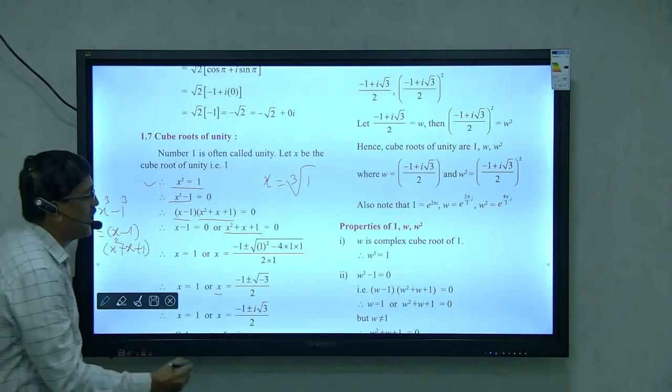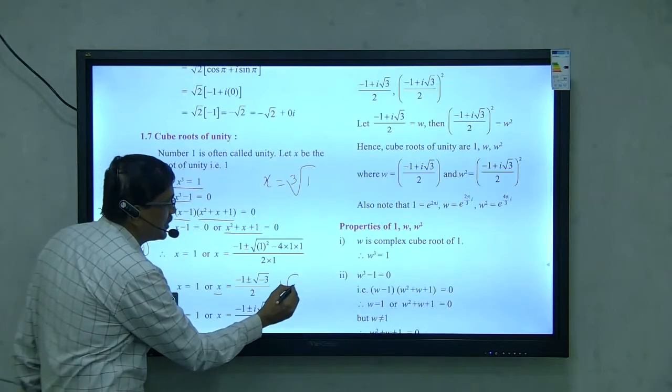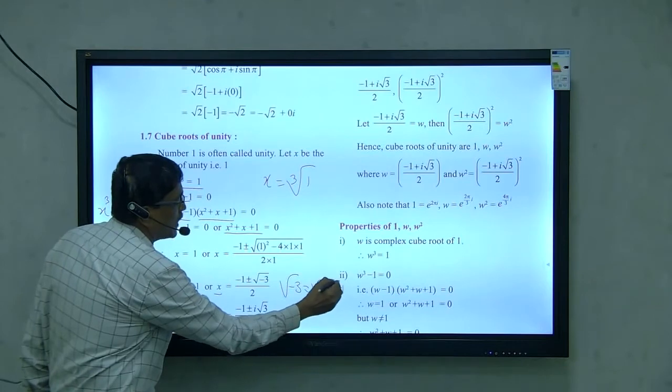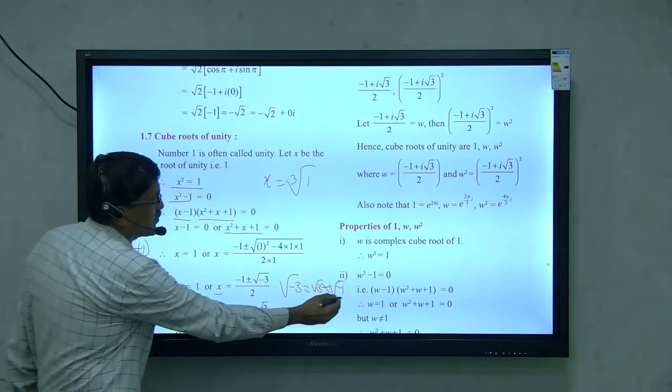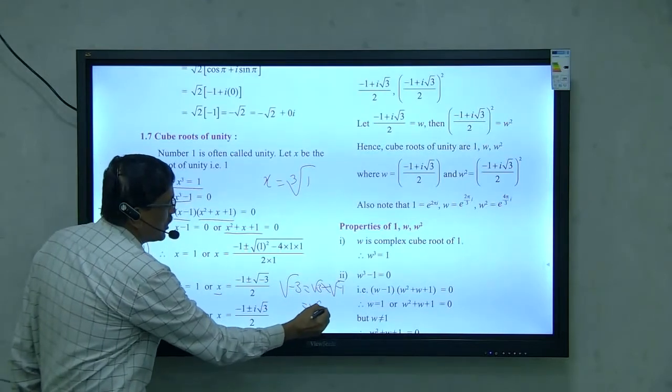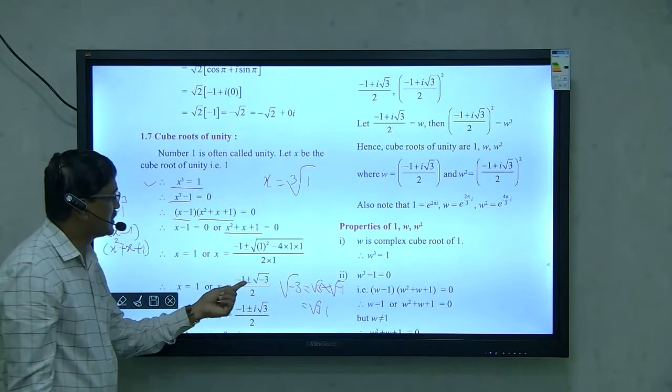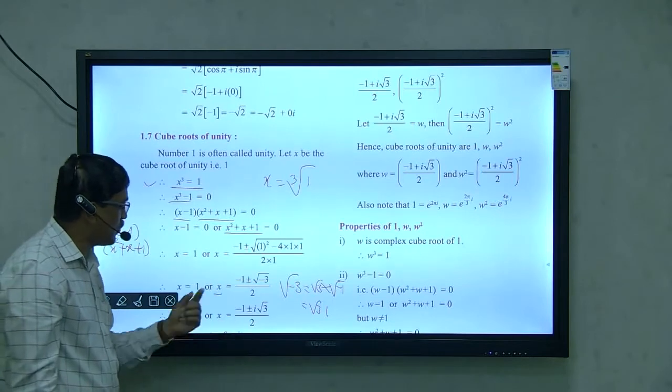But we know how to write root of minus 3. It is root 3 into root minus 1. What is root minus 1? It is i. So root 3 into i. See, minus 1 plus or minus i root 3 upon 2.